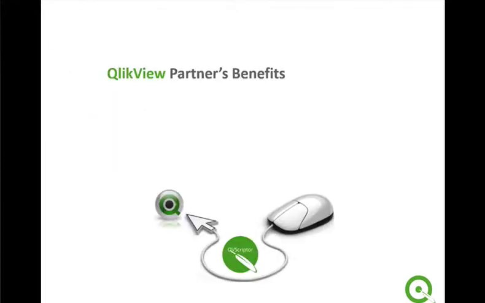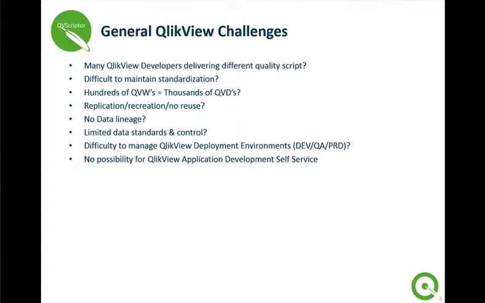So if we look at the partner benefits, we need to look at the kind of general challenges that we face in the QlikView business, where you have many QlikView developers delivering different quality scripts. So if you put 3 QlikView developers in line and you give them the same specification, you generally end up with 3 different scripts.